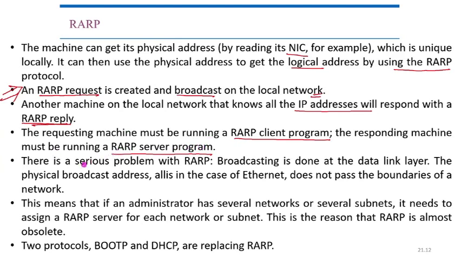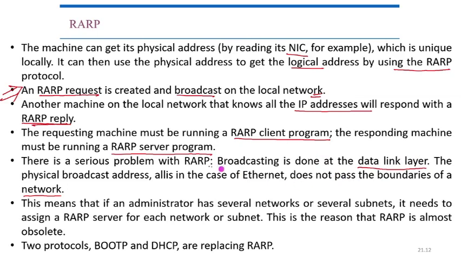There is a serious problem with RARP: broadcasting is done at the data link layer. The physical broadcast address, in the case of Ethernet, does not pass the boundaries of a network. So the physical broadcast is not going to enter into the network layer.